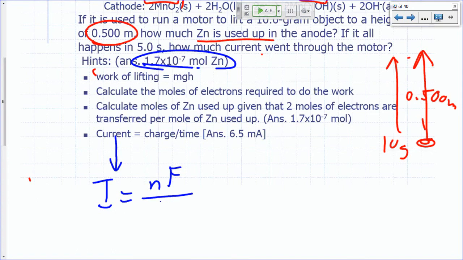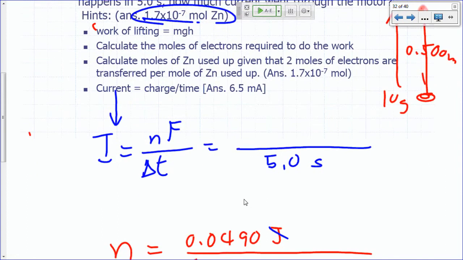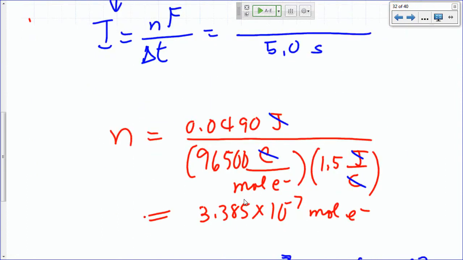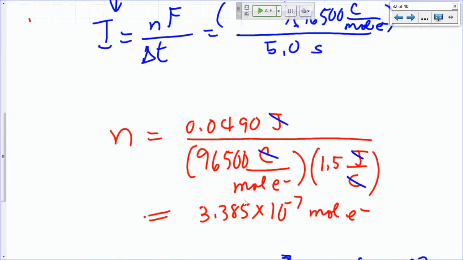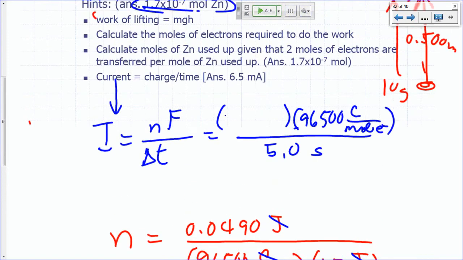And our time is how much? 5 seconds. And how much charge did we transfer? 96,500 coulombs per mole of electrons, by how many moles of electrons? 3.385 times 10 to the negative 7 moles of electrons.